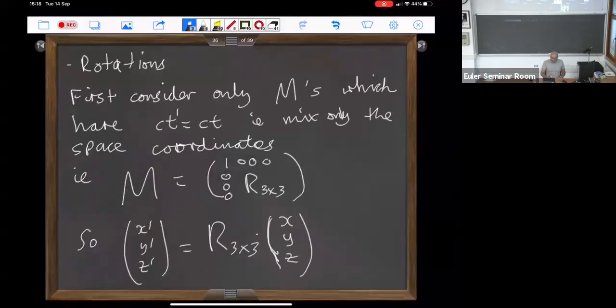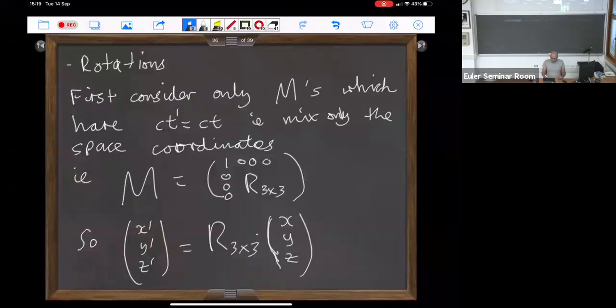Okay, now Lorentz transformations can be classified into two kinds. What are called rotations, and what are called boosts. The rotations are the transformations which don't change the time coordinates in the two frames, i.e. they mix only the space coordinates.